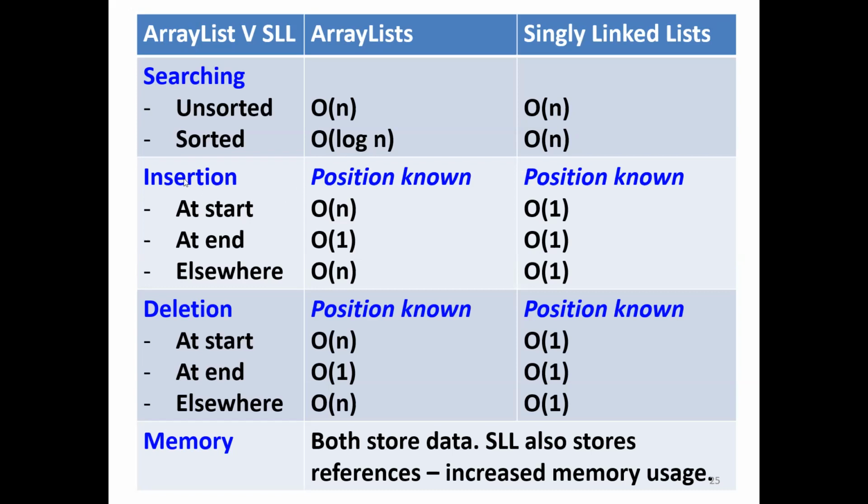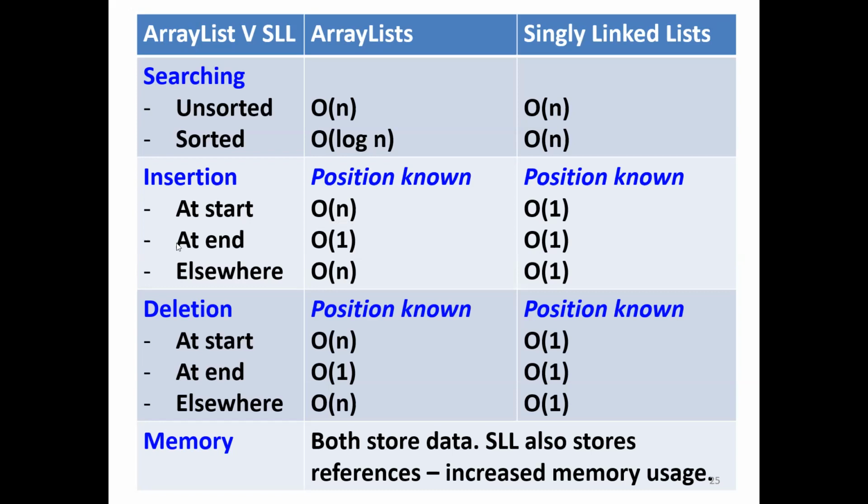So for insertion, in the case of inserting at the start or inserting anywhere in the list, you need to move the elements or create a space for the element to be inserted if we are using an array. So in that case, we have the efficiency to be order of n on both cases.